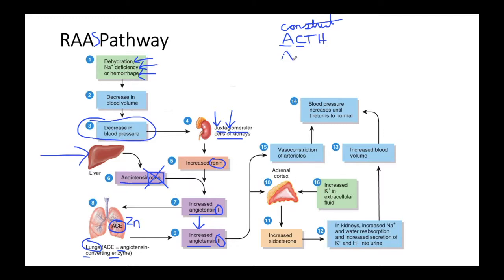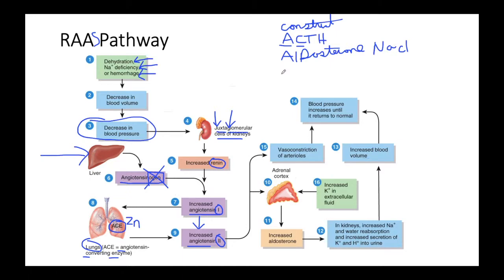It's also going to be involved in aldosterone stimulation. Now, what does aldosterone do? Aldosterone is going to allow you to hold on to sodium, right? Think of salt, NaCl. Hold on to salt. You hold on to salt, you hold on to water, blood pressure goes up.